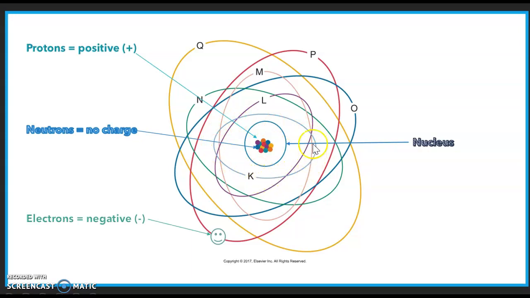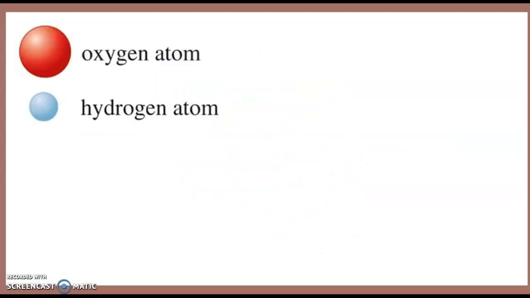The closer the shell is to the nucleus, the fewer electrons that shell can hold. The further away you get from the nucleus, the more electrons that shell can hold. And each element is going to contain a certain amount of electrons. In the case of oxygen and hydrogen, looking at your chart, oxygen is going to have 8 and hydrogen is going to have 1.